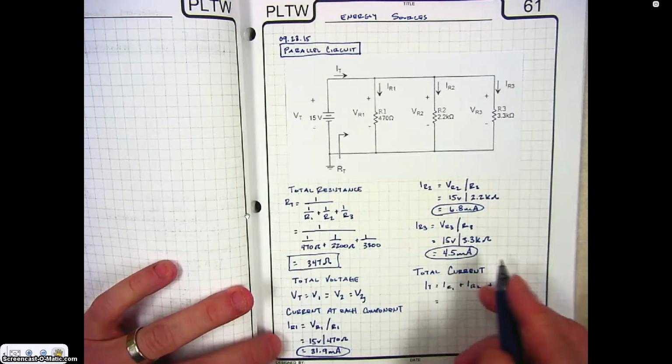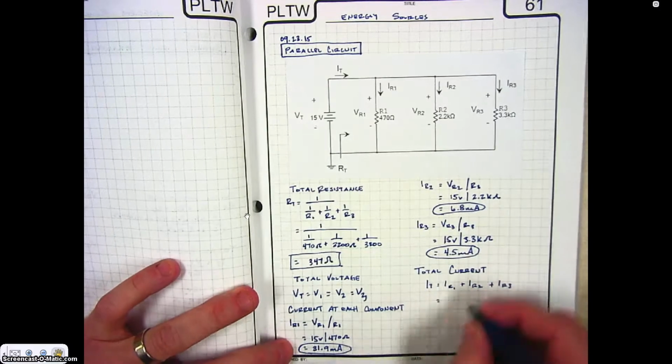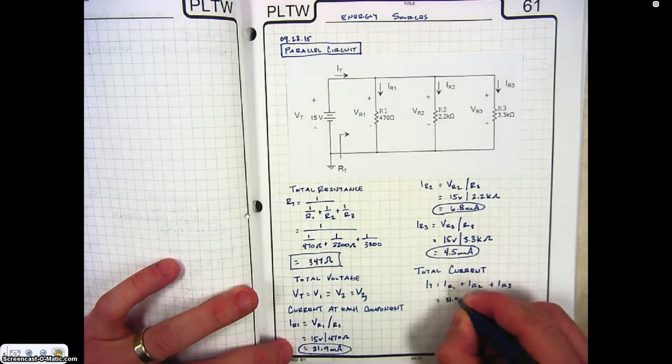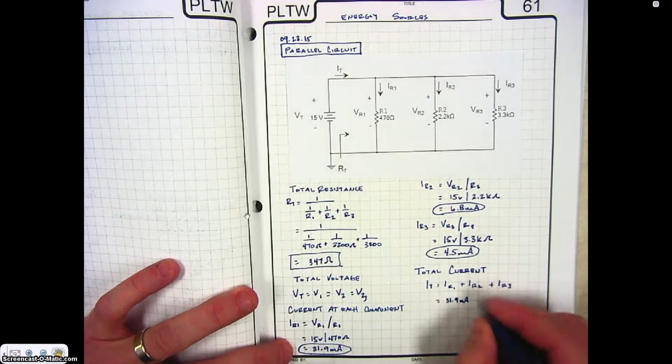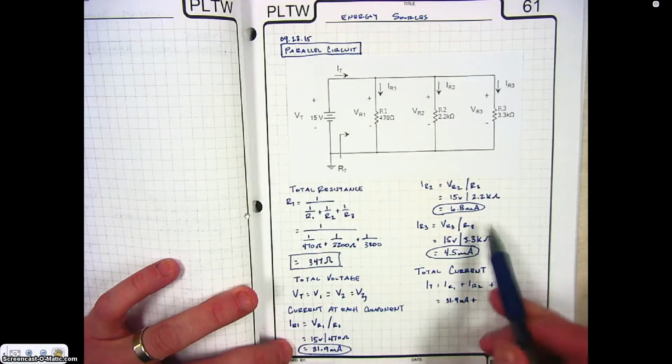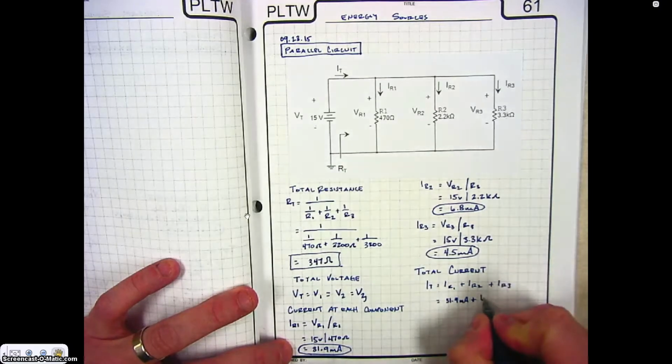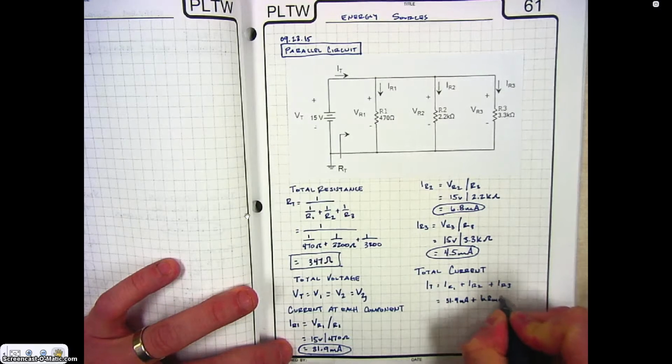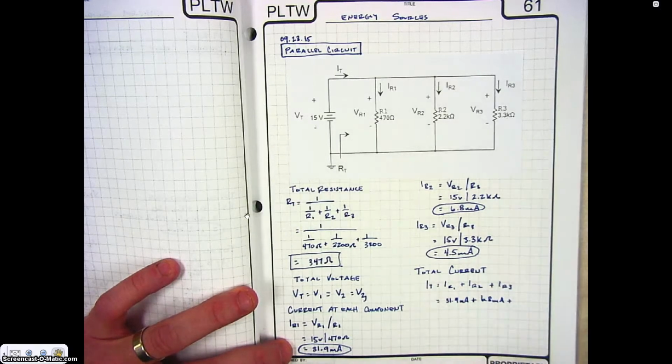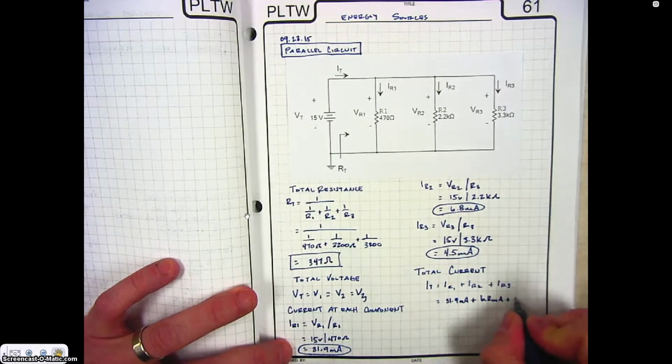The current at resistor 1 we calculated was 31.9 milliamps, plus the current at resistor 2, 6.8 milliamps, plus the current at resistor 3, 4.5 milliamps.